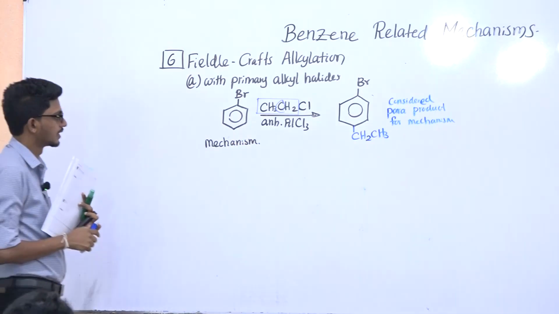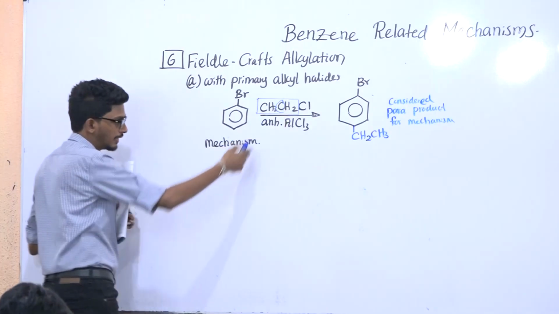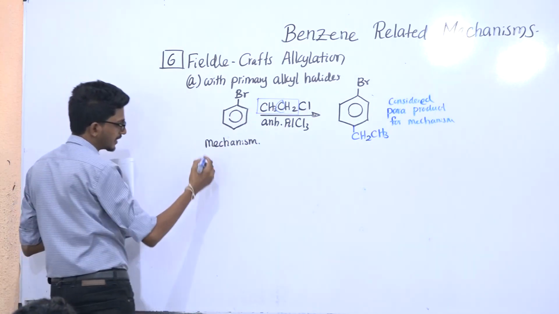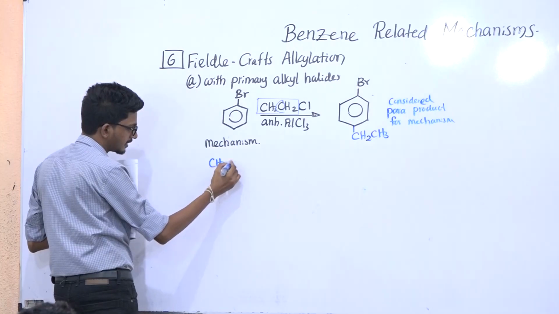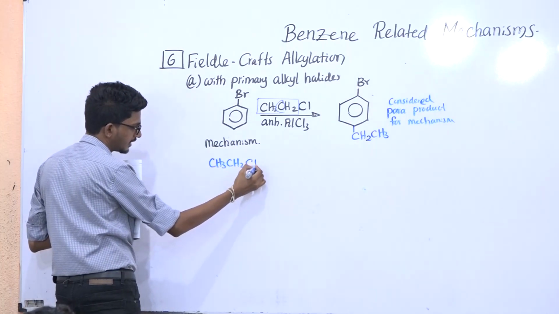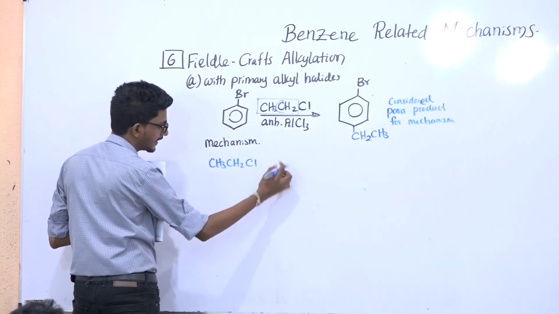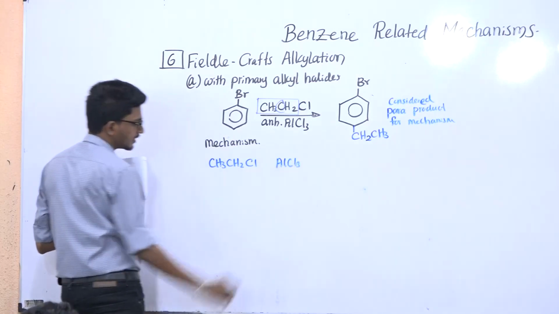The first step is the reaction of these two to form the active electrophile, right? So let's write it. You have the CH3, CH2, Cl reacting with the AlCl3. So what will happen?